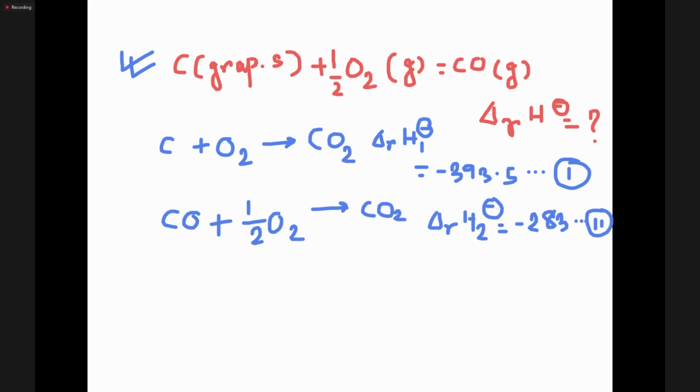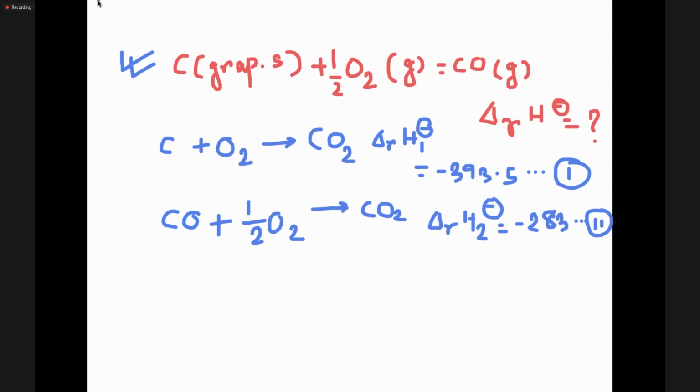Now we can combine these above equations in such a manner that we can obtain the desired reaction. So to get 1 mole of CO gas on the right hand side, we have to reverse equation 2, and then we can easily calculate it.